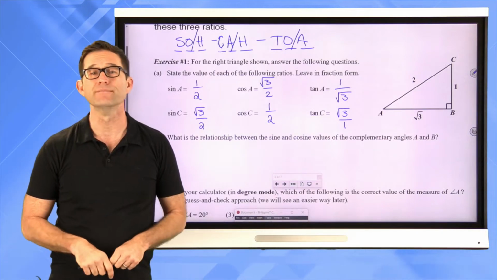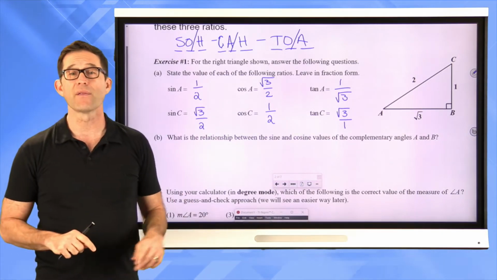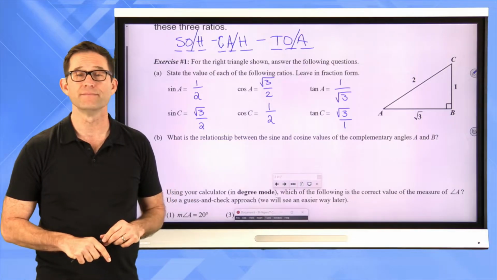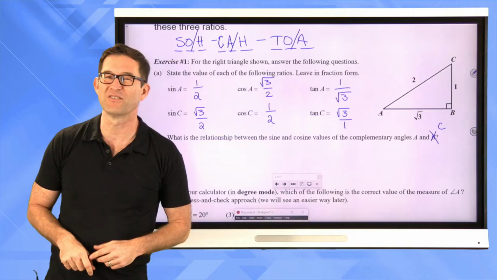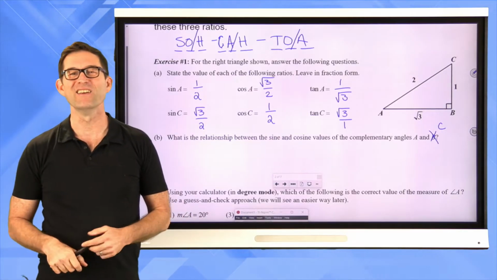All right, great. Let's review something else we saw in the last lesson. Let's take a look at letter B. What is the relationship between the sine and the cosine values of the complementary angles A and B? And that actually should say the complementary angles A and C. A and B are certainly not complementary to each other, but A and C are.